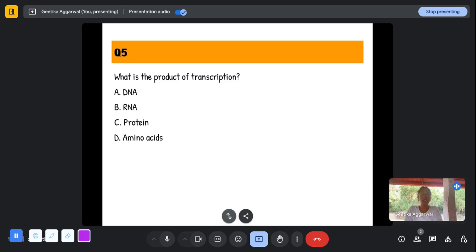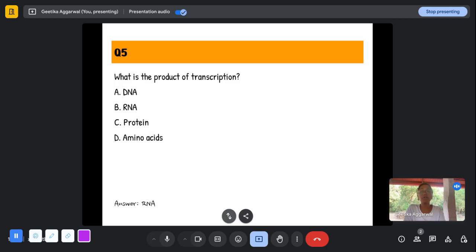What is the product of transcription? So, what is the outcome of transcription? Is it DNA, RNA, protein, or amino acids? So, the answer to this question is RNA, as we have discussed at length during this tutorial.